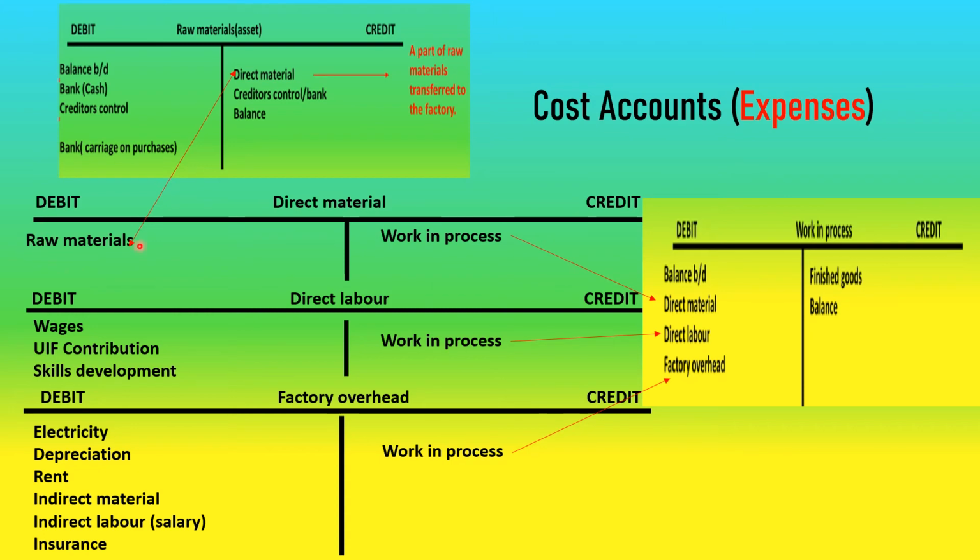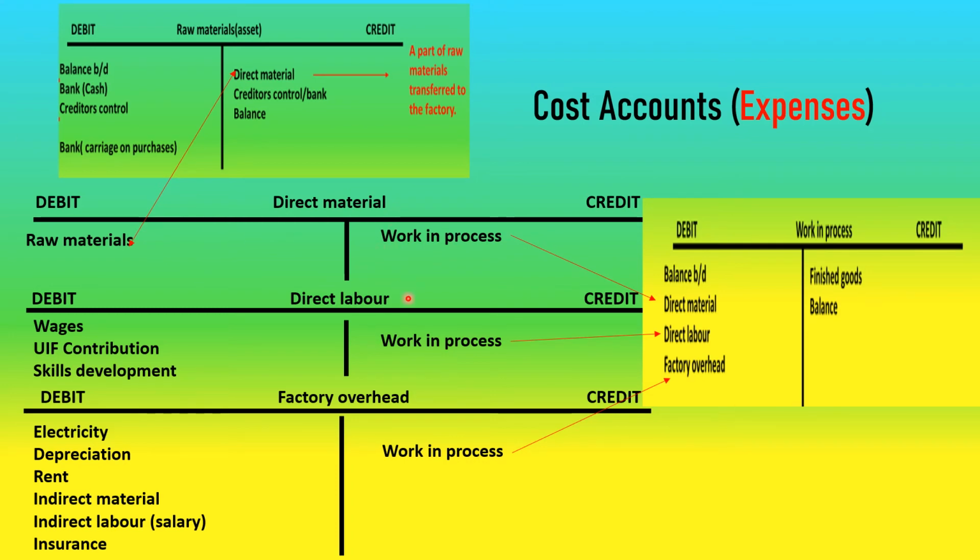Now this is the raw materials that we have received from the warehouse and got transferred to the factory, which will now be used in the manufacturing process. So you can see that it has been cross-referenced to the raw material general ledger account. And then we balance this account off with working process, which is on the credit side.